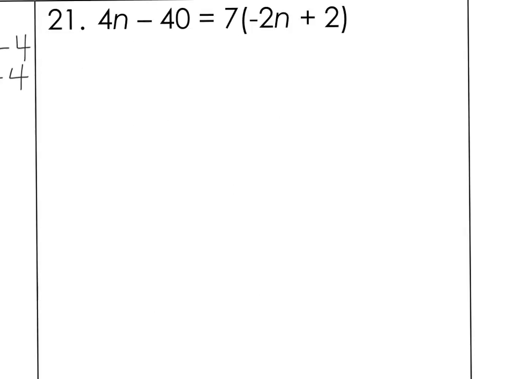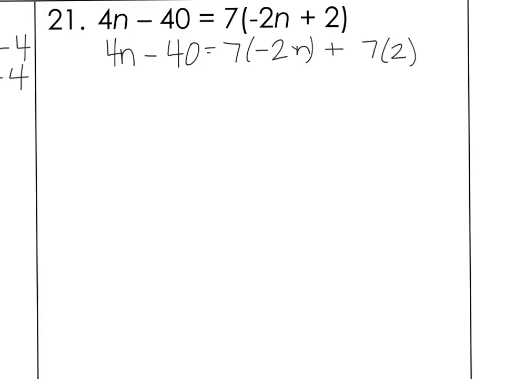Finally, 4n minus 40 equals 7 times negative 2n, plus 7 times 2.